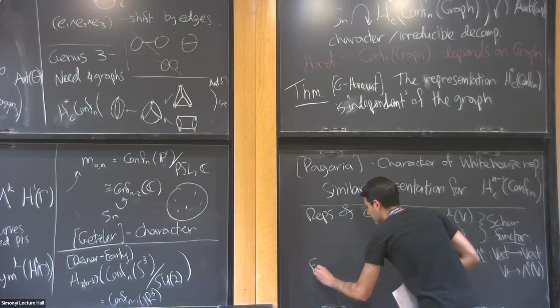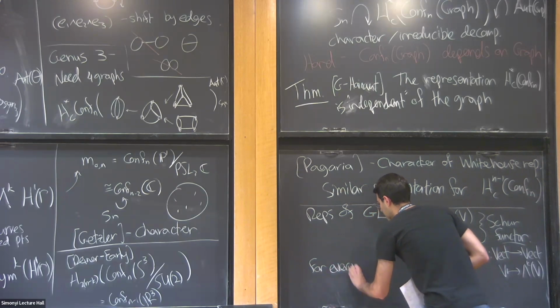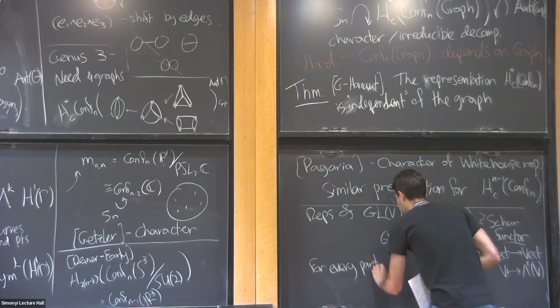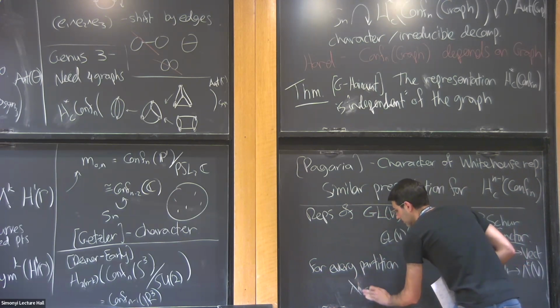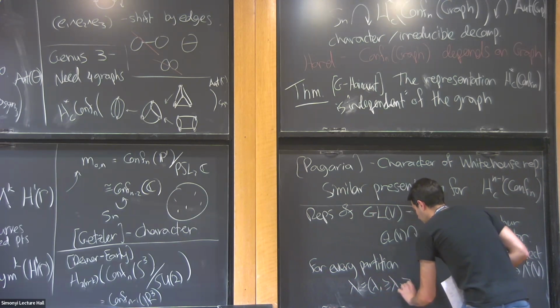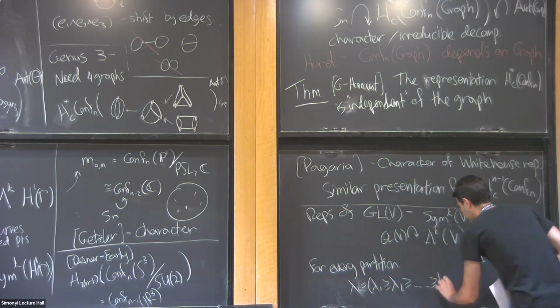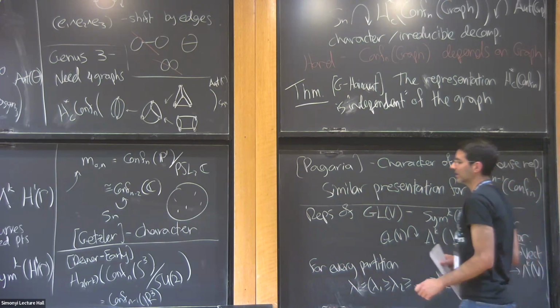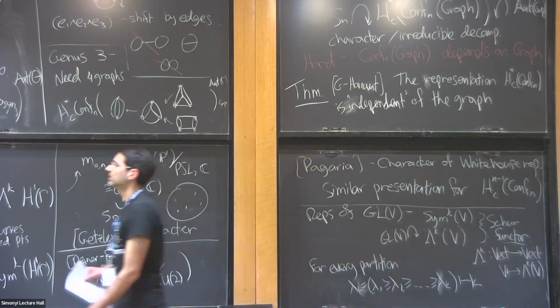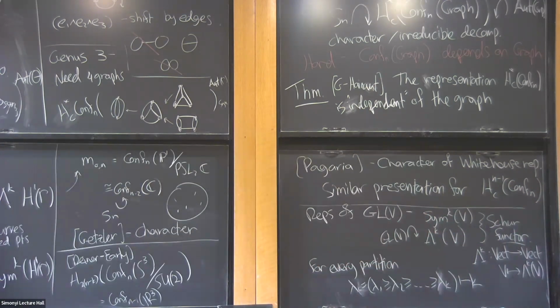And for every partition, let's say lambda 1, lambda 2, let's go up to lambda k. Maybe some of them are 0. And this is a partition of k. For every one of these, what's the last thing I did?